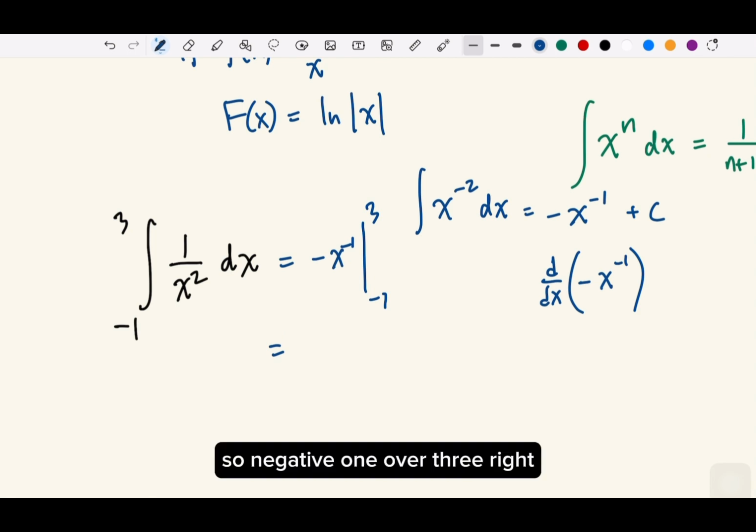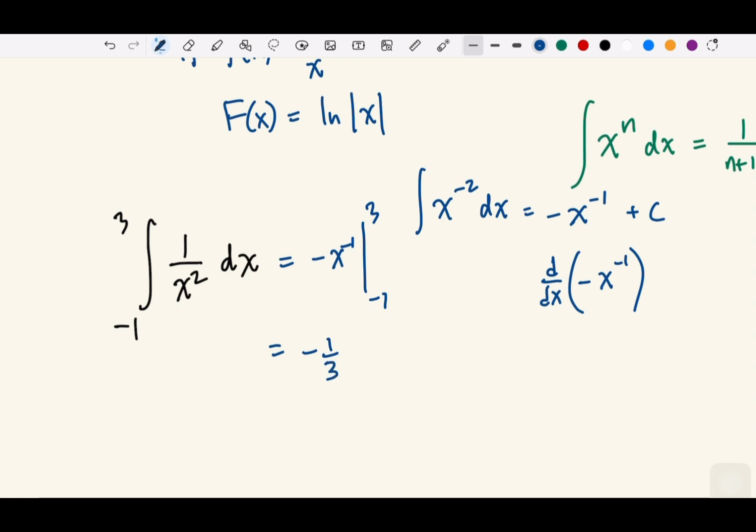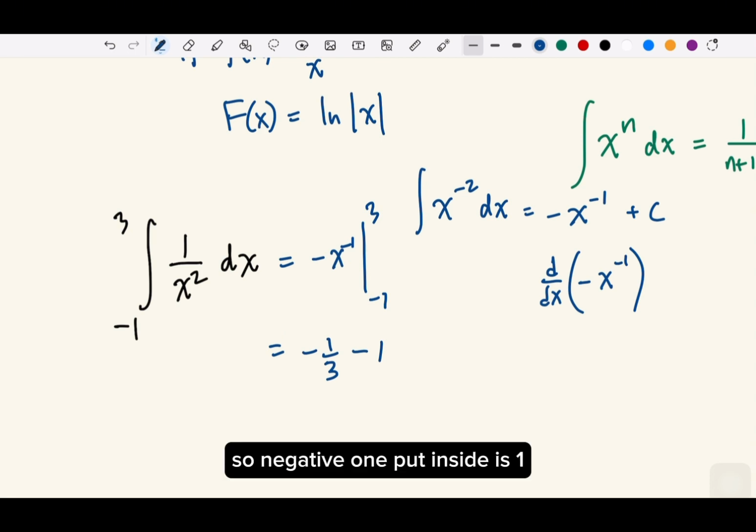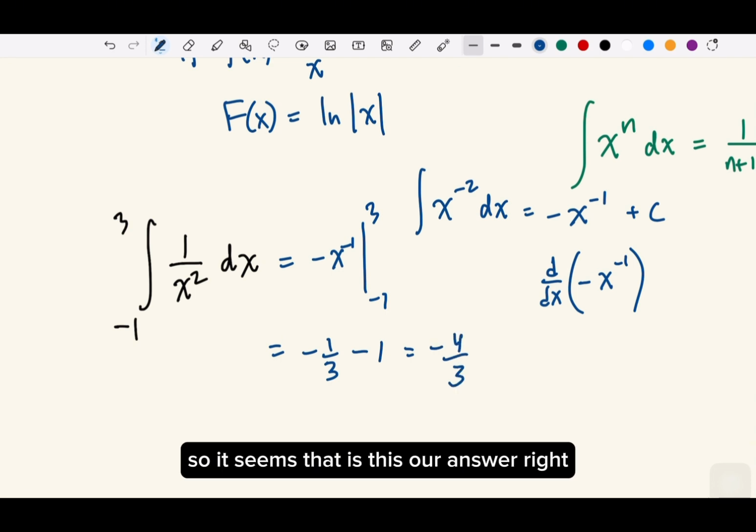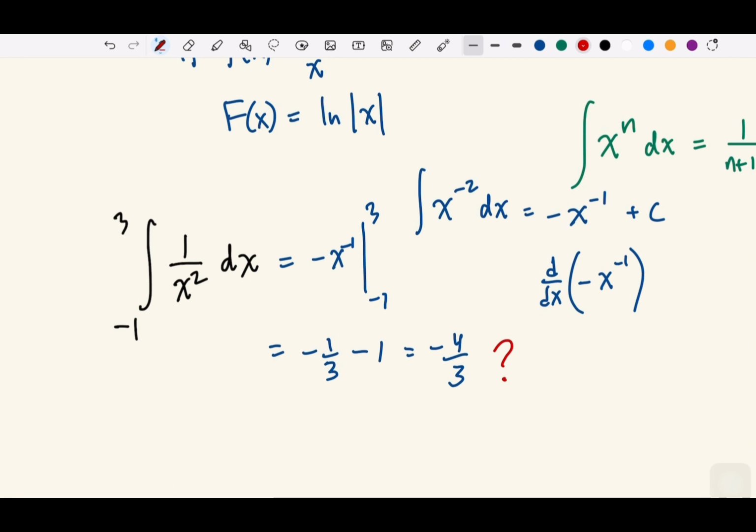So negative 1 over 3, right? Minus, minus 1, right? So negative 1 put inside is 1, but it's minus 1, right? So it seems that this is our answer, right? But I will put question marks.